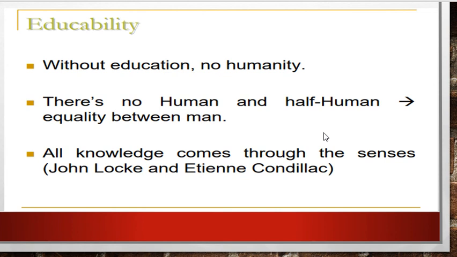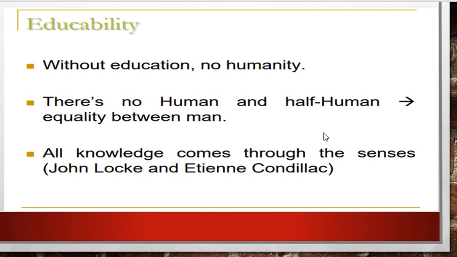According to John Locke, there's no human and half human. Some of those with special abilities have physical manifestations. Some of them look like mermaids. Some of them were very tall. Because people just watched them as part of the discrimination, they just discriminated against them.